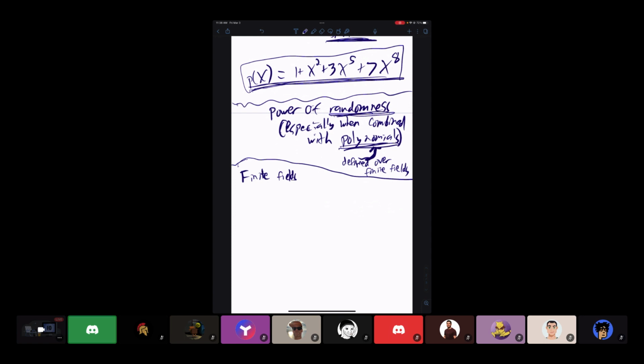Let's first just talk about fields in general, forget the word finite. So a field is a set, a set of elements. If you want to have a specific example or two in mind, think of the real numbers. They are a field. So are the complex numbers. So are the rational numbers.